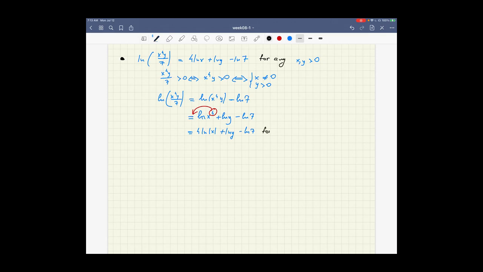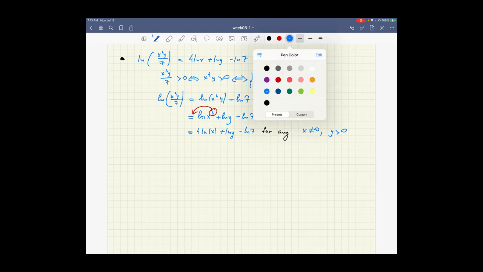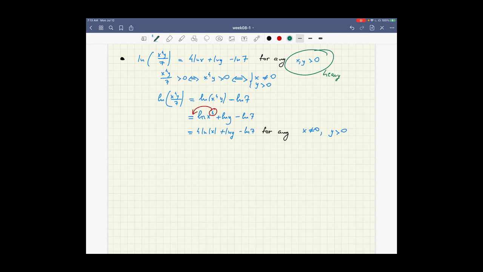This has the advantage that now we don't require that x and y be positive, we only require that x be non-zero and y be positive. So now the restrictions are not that heavy, because this places a heavy restriction. At least they're not heavier than the ones on the left-hand side.